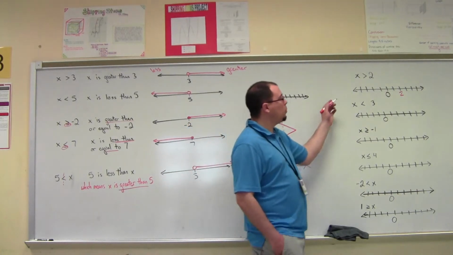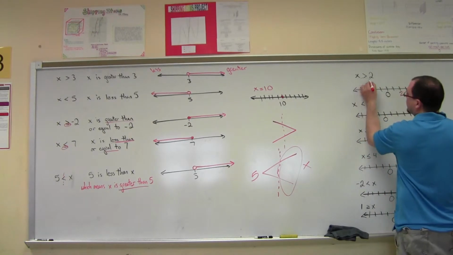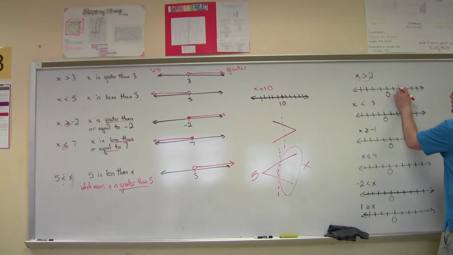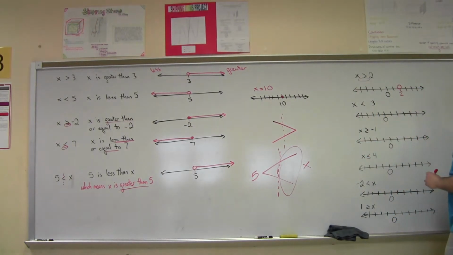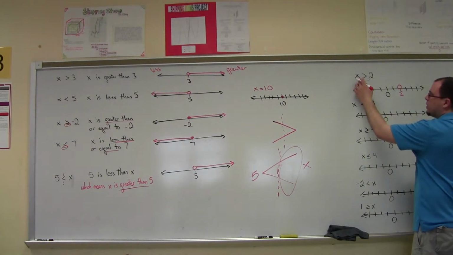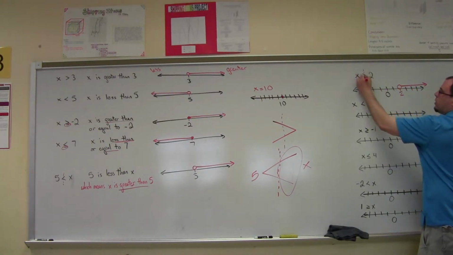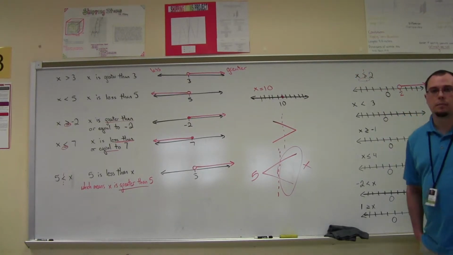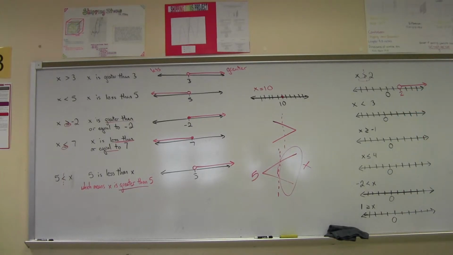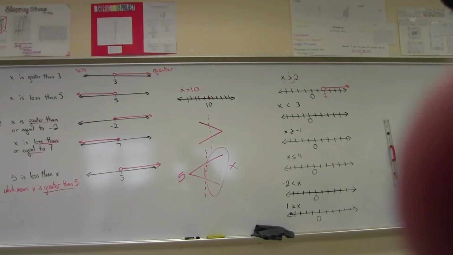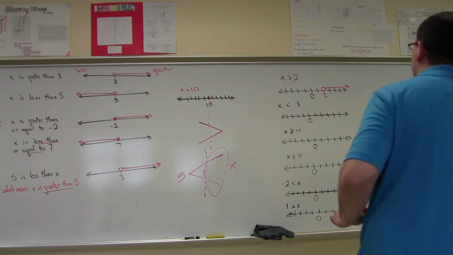Hopefully you recognize it's open circle. There's nothing underneath, which means there's nothing in your circle. It's open. And then what we're going to do is we're going to shade to the right. And we're going to do that because x is on the large side of the inequality symbol. So we're going to tilt this a little bit so you can see a little more.